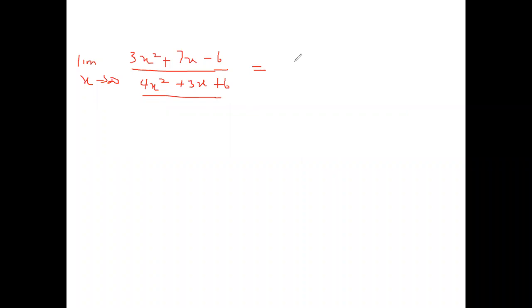So in the numerator, we'll have 3x squared divided by x squared, plus 7x over x squared, then minus 6 over x squared, all over 4x squared over x squared plus 3x over x squared plus 6 over x squared.